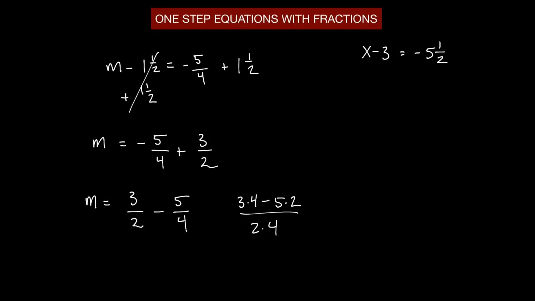So 3 times 4 minus 5 times 2, that's 12 minus 10. 12 minus 10 gives us 2. And 2 times 4 gives us 8. So 2/8 can further be reduced to 1/4. So here is our answer, 1/4.